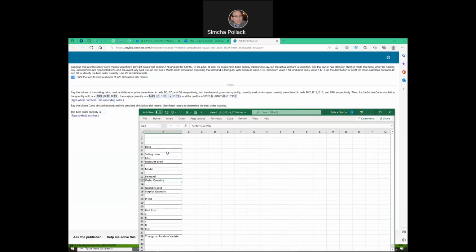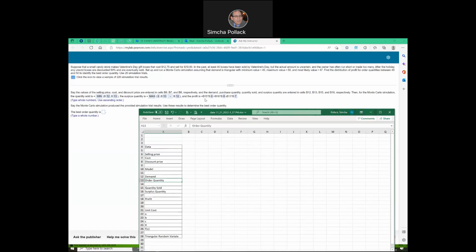But what if it turns out that the demand is larger than the order quantity? In other words, let's say B13 minus B12 is a negative number. Well, you can't have a negative surplus, so in that case, it's going to be zero. So it's going to turn out to be the larger of either zero or B13 minus B12. That's why this is the right answer here.